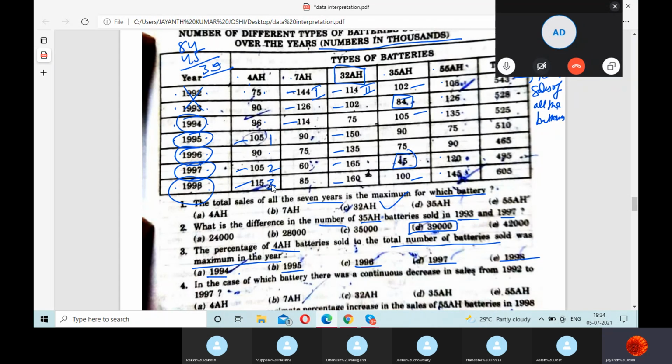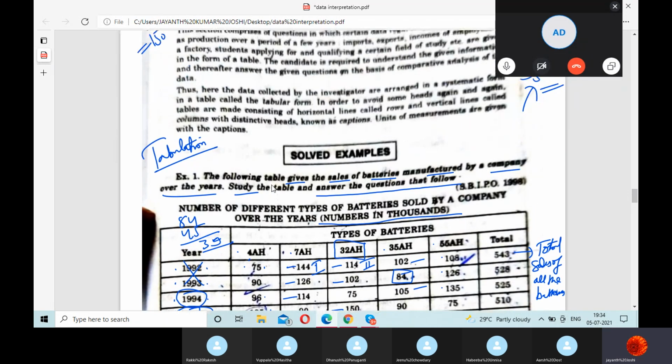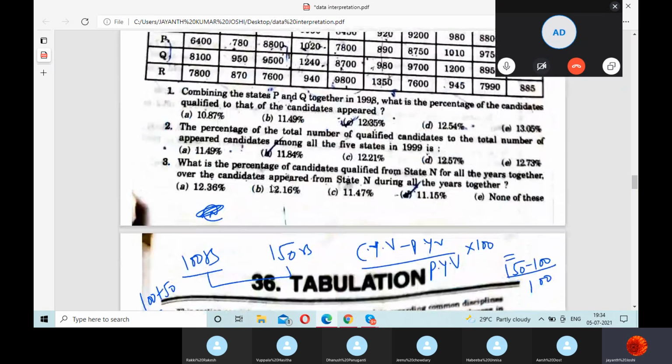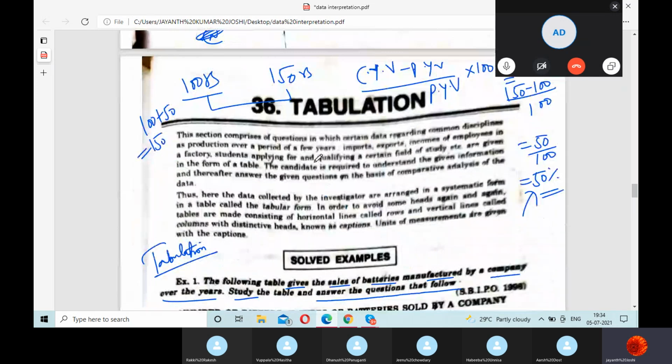Point number 2. In case of percentages, you should know some small basics. I will tell you.